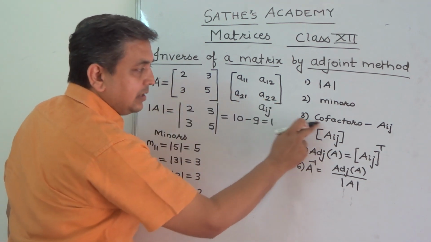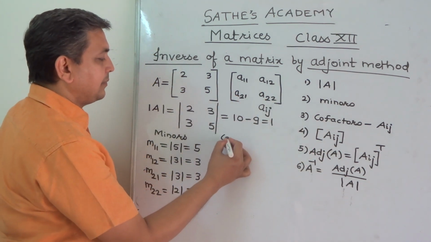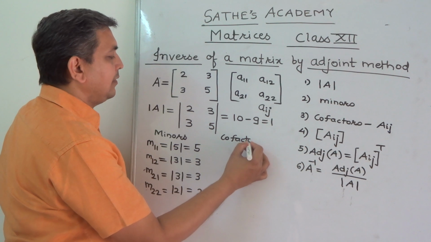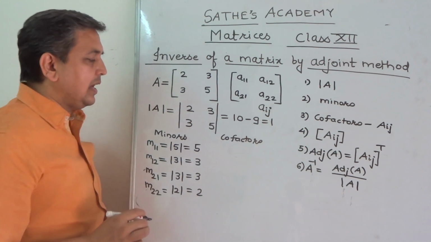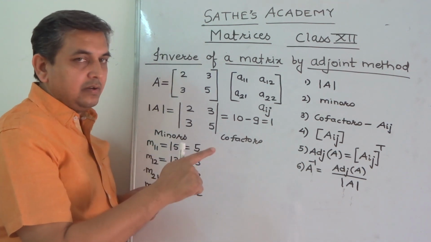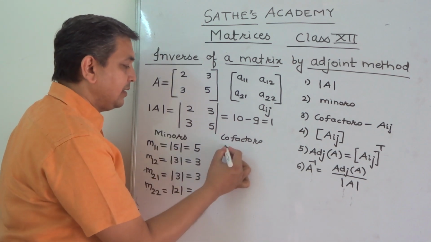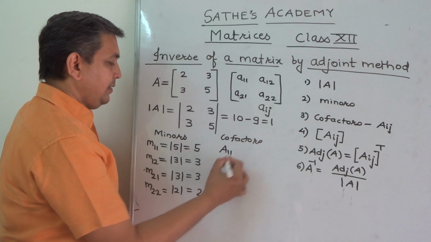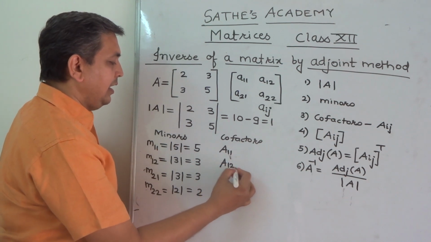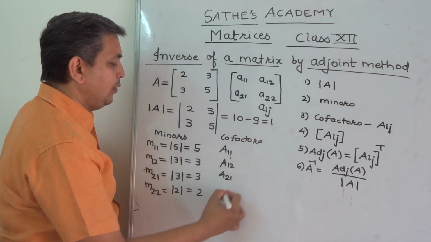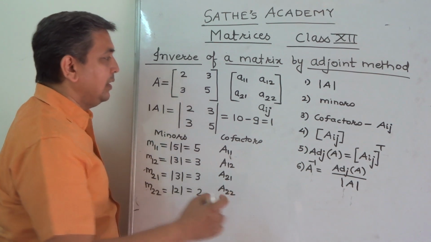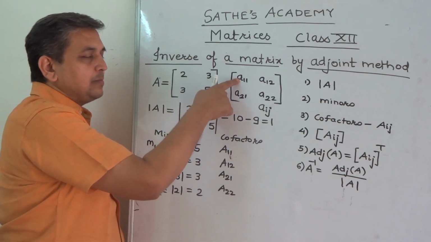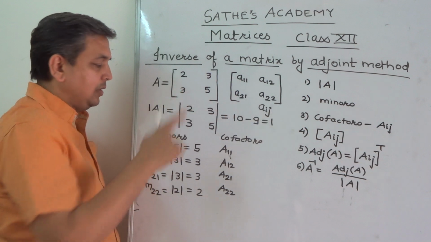The third step is cofactors. Now see, cofactors are these minors with a proper sign. We write them as A11, A12, A21 and A22. The element we have denoted by small letters a11, a12.